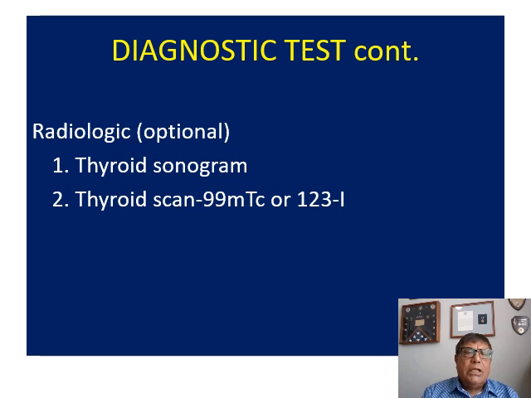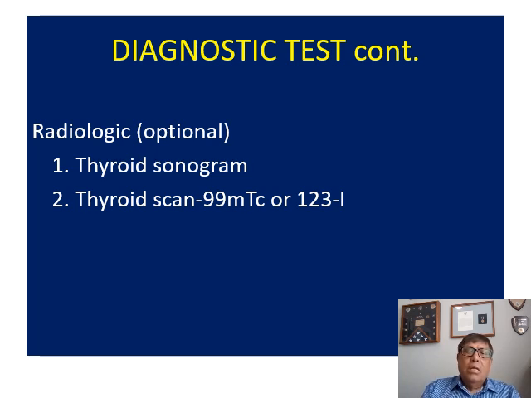A technetium-99 scan, or I-123 scan, is very quick, can be done the same day, and you can locate the position of the thyroid gland. If it is under the surface of the tongue, you know this is congenital hypothyroidism which is going to be permanent, and the treatment has to be more or less lifelong.